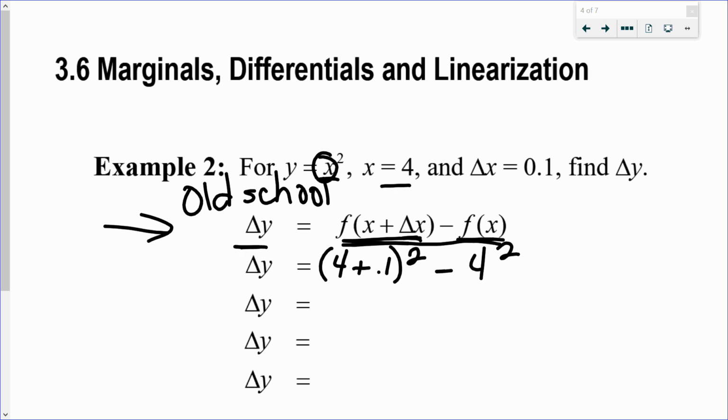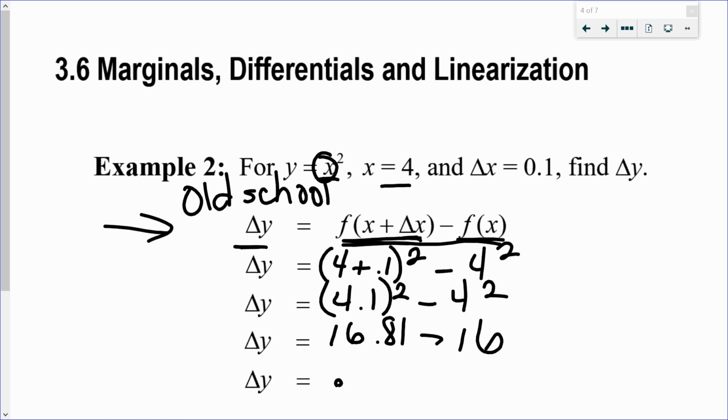Okay, and we get 4.1 squared minus 4 squared. So we get 16.81 minus 16, which is just 0.81. Okay, we didn't use any calculus there. We just put numbers in where they go.